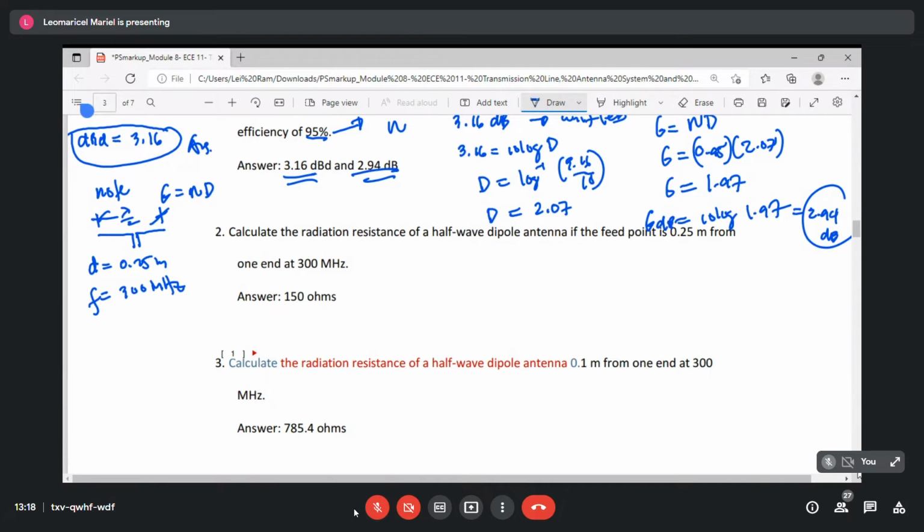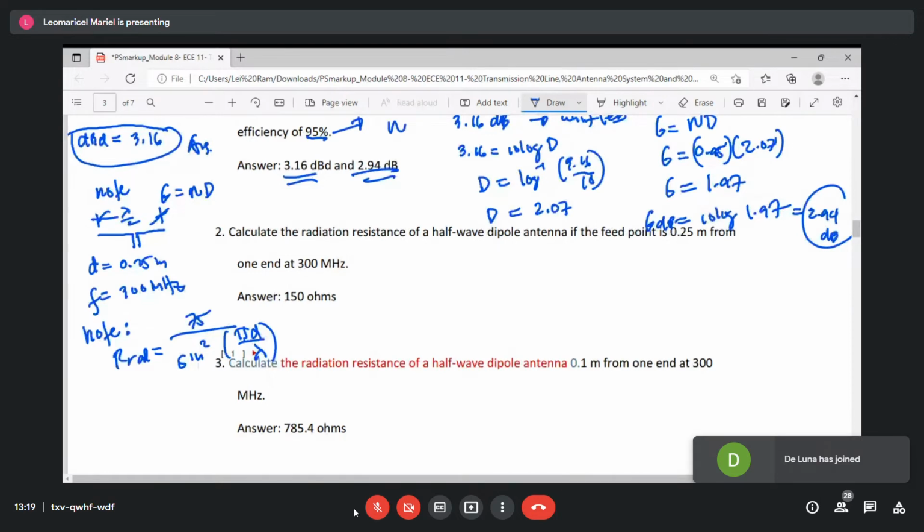For a dipole, note another formula: the radiation resistance, R rad, equals 75 all over sine squared of pi d over lambda, where d is the distance from the feed point.